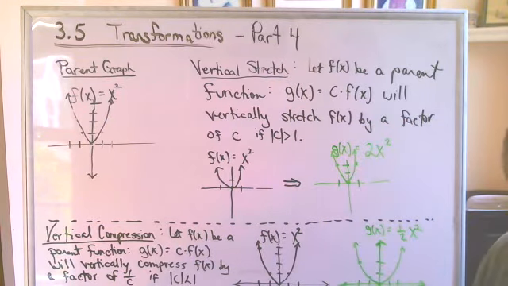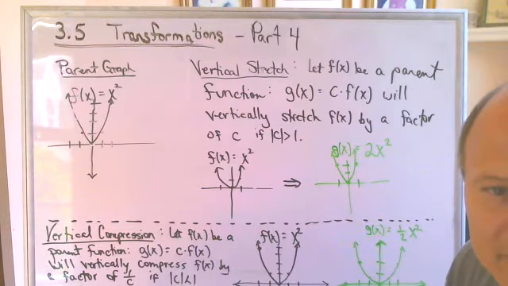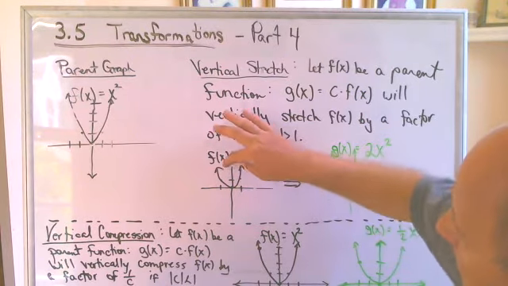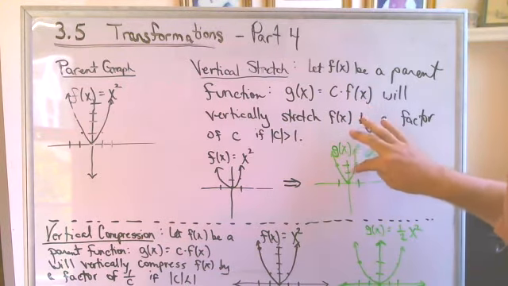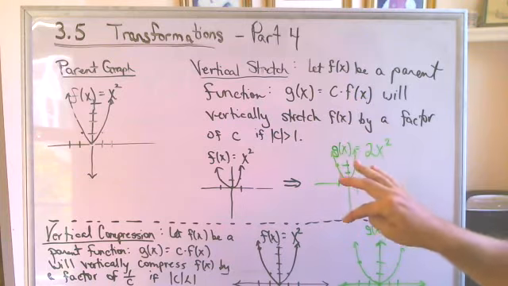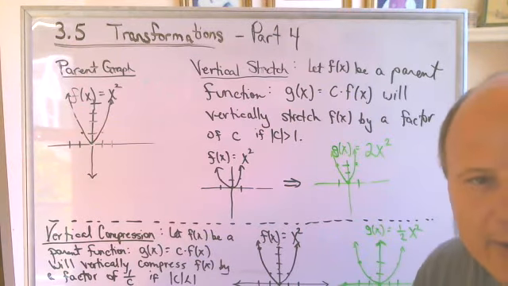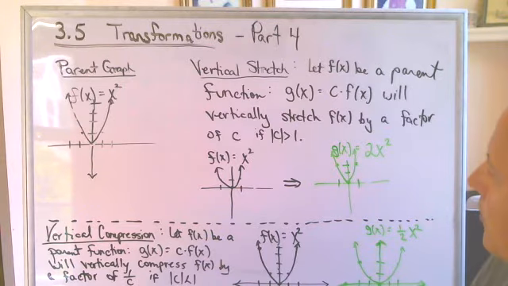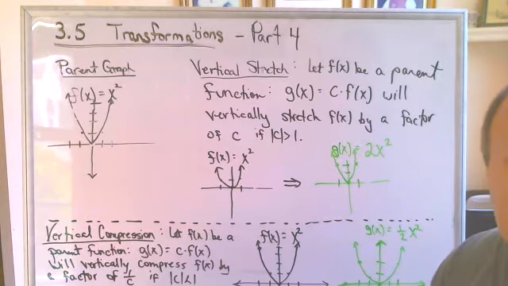So basically, a lot of people say this makes the graph look skinny, because it thins the graph out. This graph will look more narrow, more skinny. But that is a vertical stretch, and that's why we call it a stretch. It stretches out. So that is basically a vertical distortion.